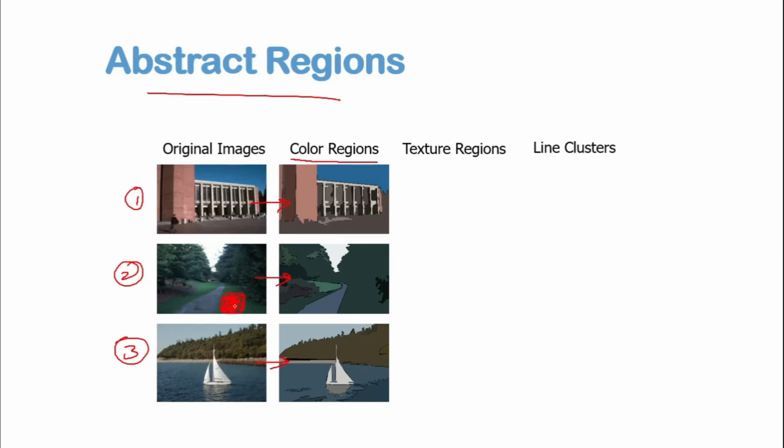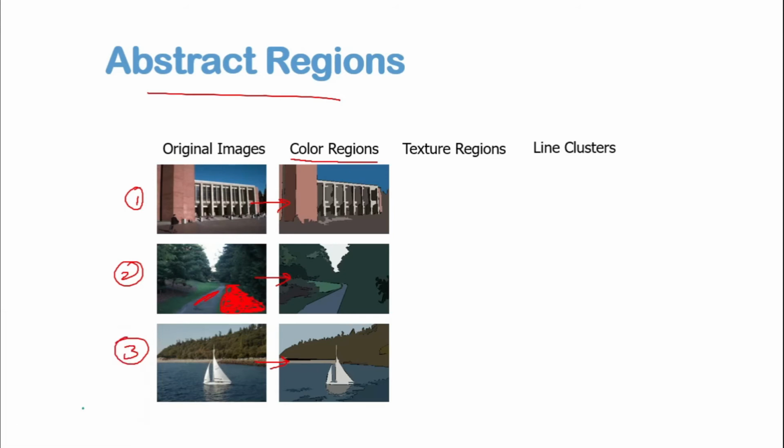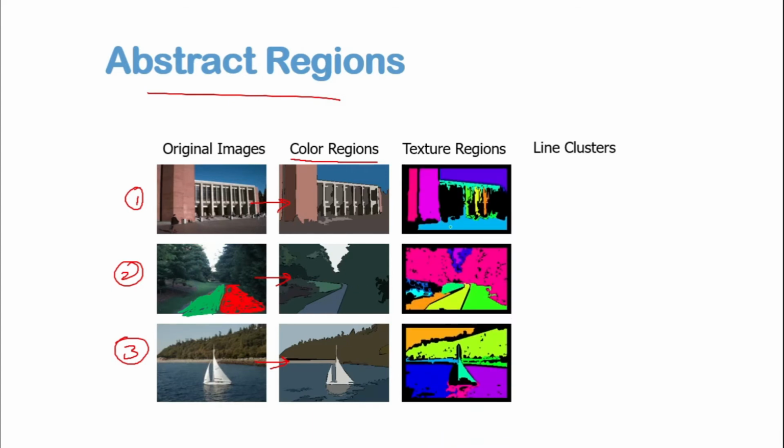Replace all the objects with the mean, like here, and this is also different. Yeah, this is also a different one. Take the mean and do like this, clear. And again, texture regions is one more way of finding the different objects.